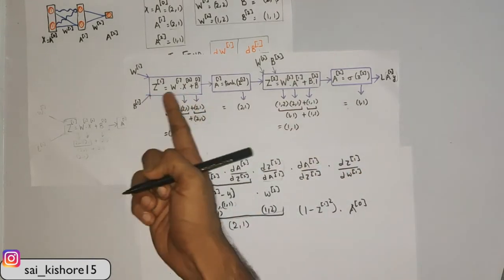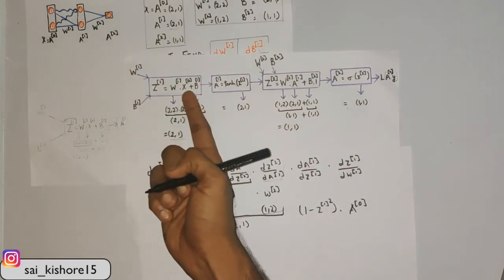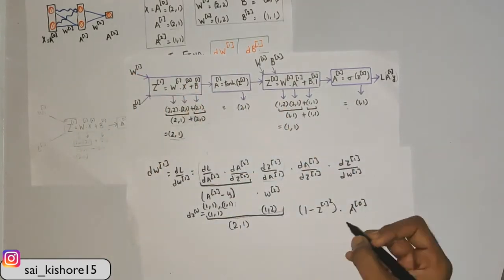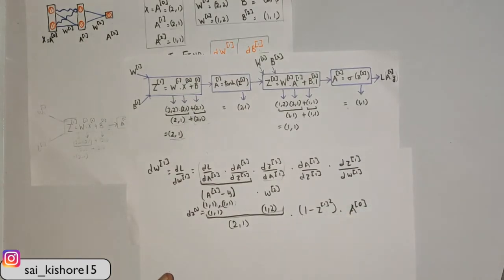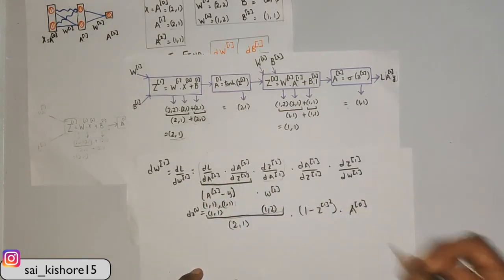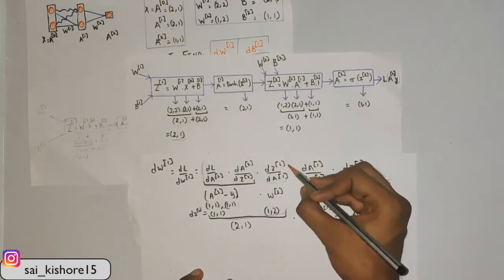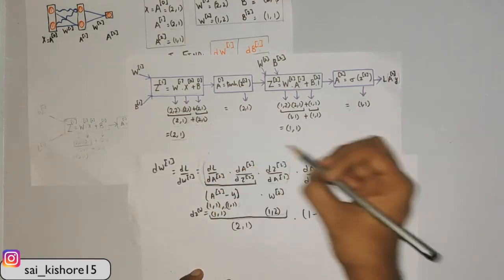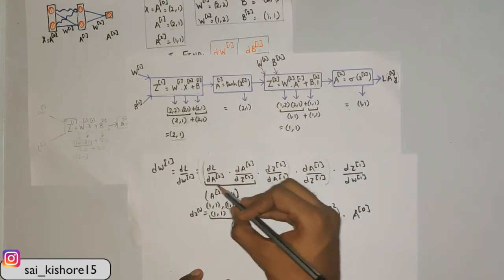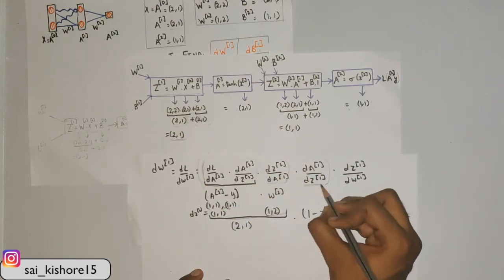If you differentiate this term with respect to w1, you get x naught. X naught is a naught, right? So before this, we need to verify the shapes. We are done with this, now we are here. This whole term is dz1.